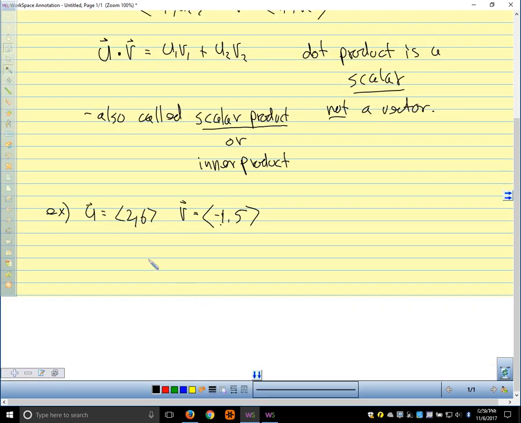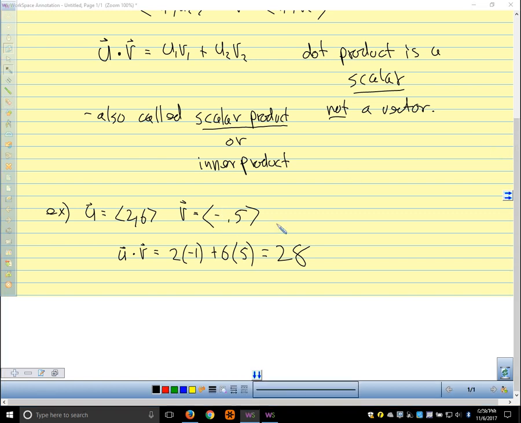U dot v is 2 times negative 1 plus 6 times 5, which is 28. So easy number to calculate. There's not much to do to calculate it.